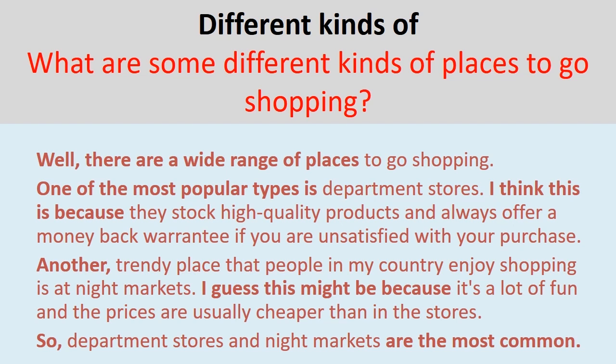Then we could introduce the most popular type. One of the most popular types is cinemas. Or we could still keep it department stores if we wanted. So you can use this language that's placed in bold to build your own model answers to questions asking this function about different kinds of.